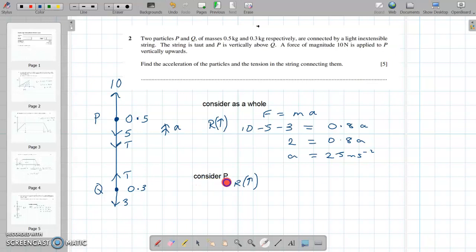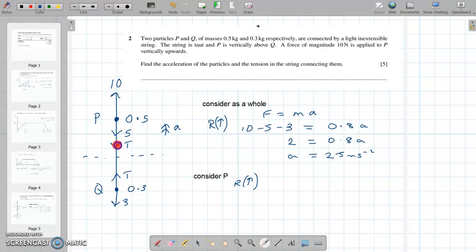You're saying you're considering P, so considering just this bit. It's almost as if you can draw a dotted line here and we're just looking at this. That tension will account for all of that. If that weight suddenly increased, that would affect the tension.